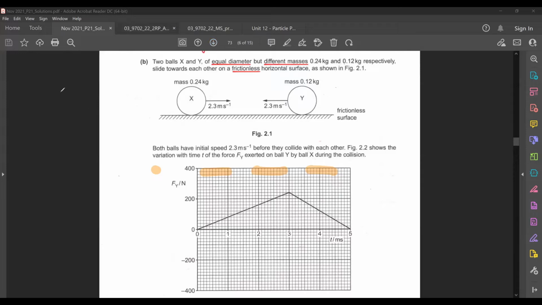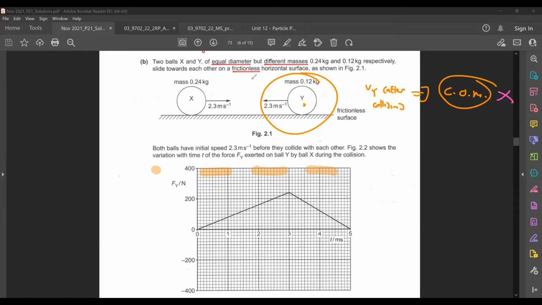But then you have a problem here, you see. If let's say you want to calculate the velocity of Y after collision, you might have tried to use conservation of momentum to find the velocity of ball Y. That is one of the standard methods of doing this. But in your current question, you cannot do this right now. Why? Because the only information that is given to you in this question was the initial case, before collision, right?